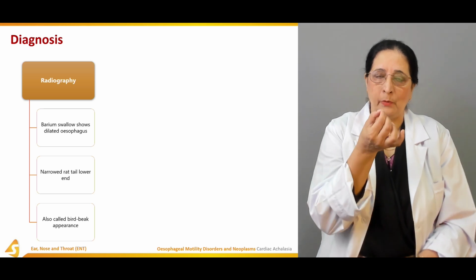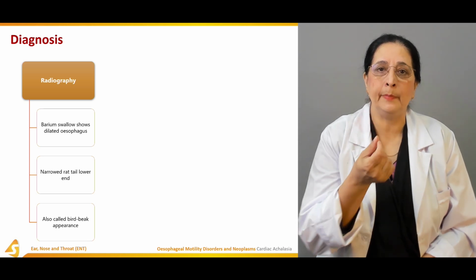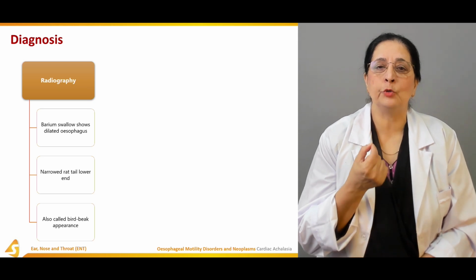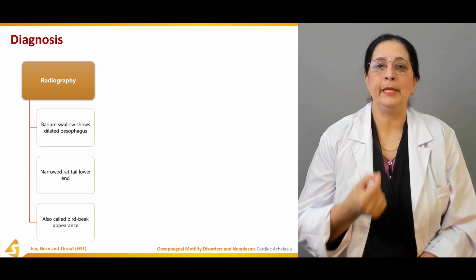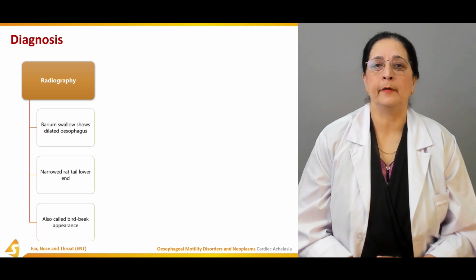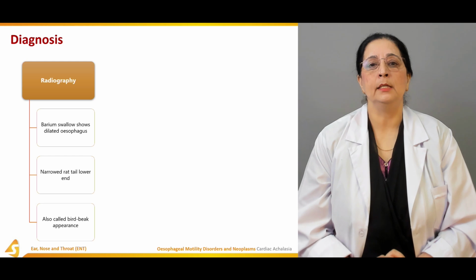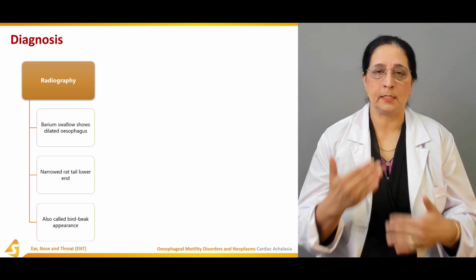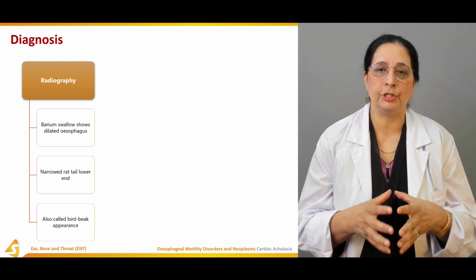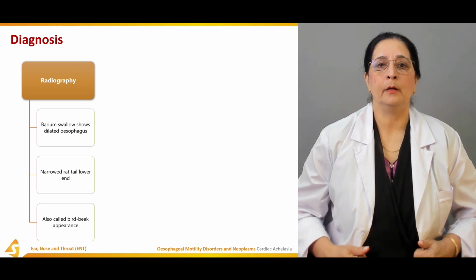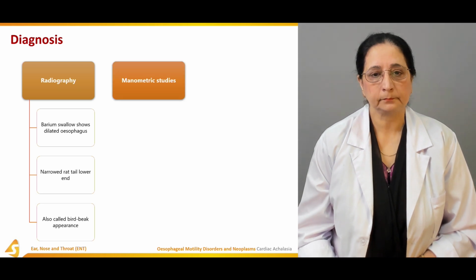The lower end is narrow because of the inability of the lower esophageal sphincter to relax. There is a beak-shaped appearance, and it's called the bird beak appearance of the esophagus. These are some characteristic features of cardiac achalasia on barium swallow.